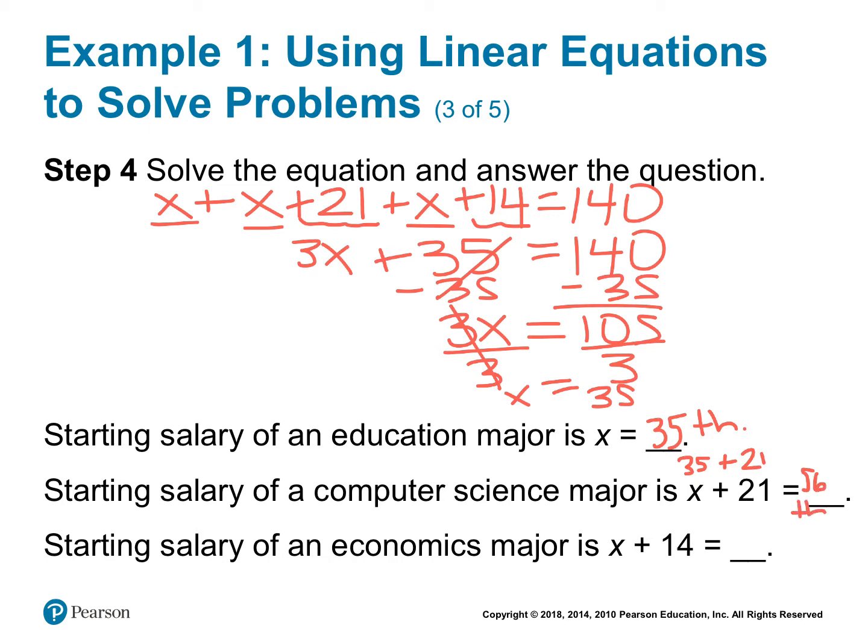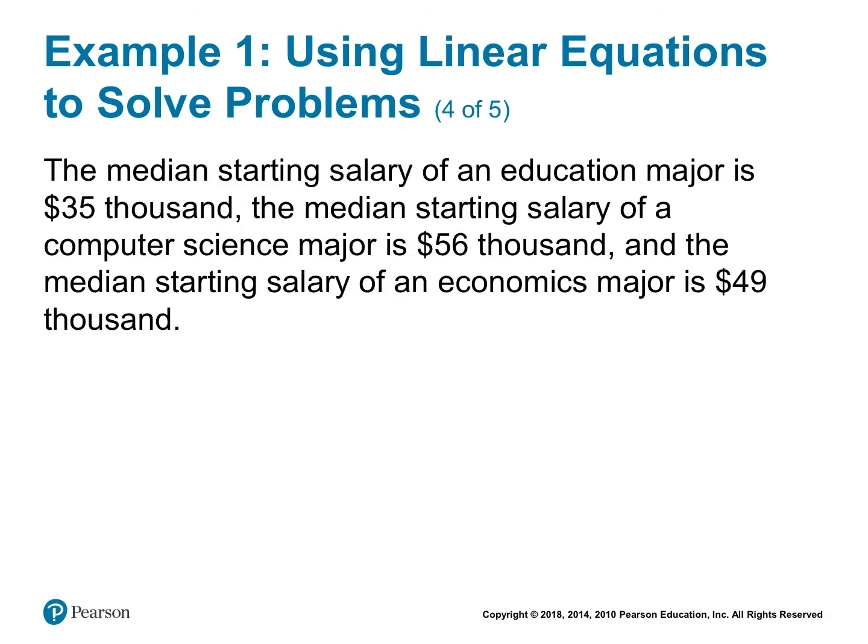And then the economics major is x plus 14, so 35 plus 14 is 49,000. So just to reiterate, it was $35,000 for the education major, $56,000 for computer science major, and $49,000 for the economics major.